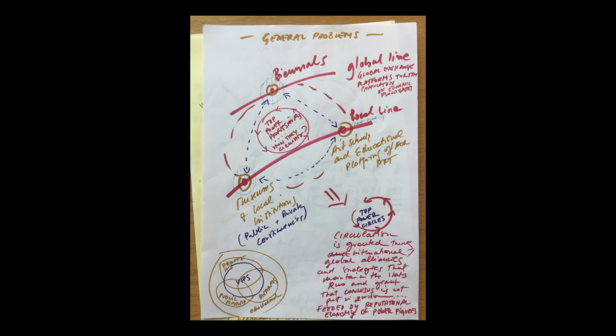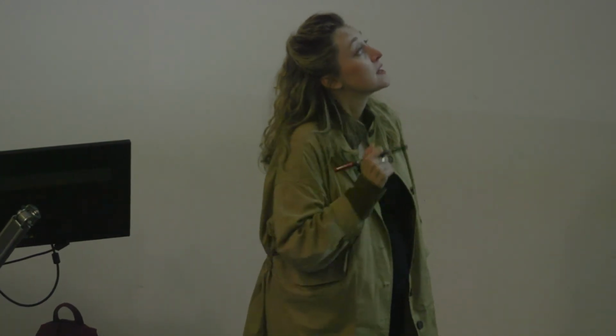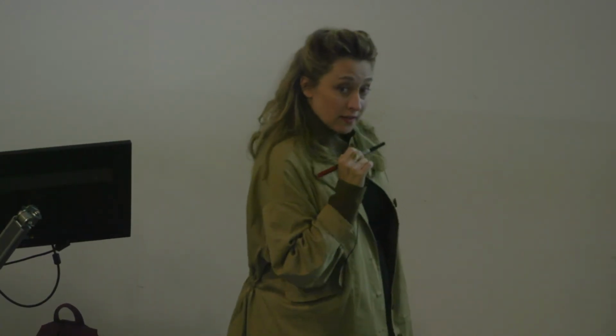And I've also been looking at how this is linked to the field of art education and in general to artistic educational platforms, and the way people and social capital are circulating within the frame of this triangulation.